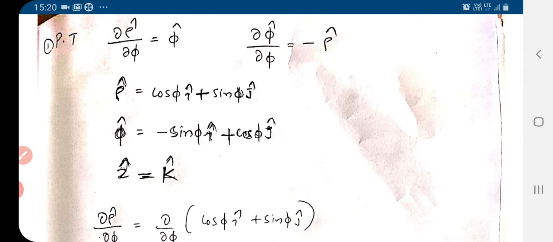Now we do a few problems in the cylindrical coordinate system.